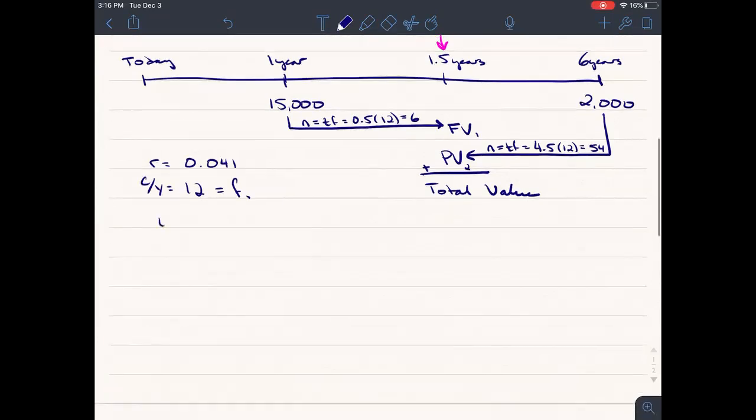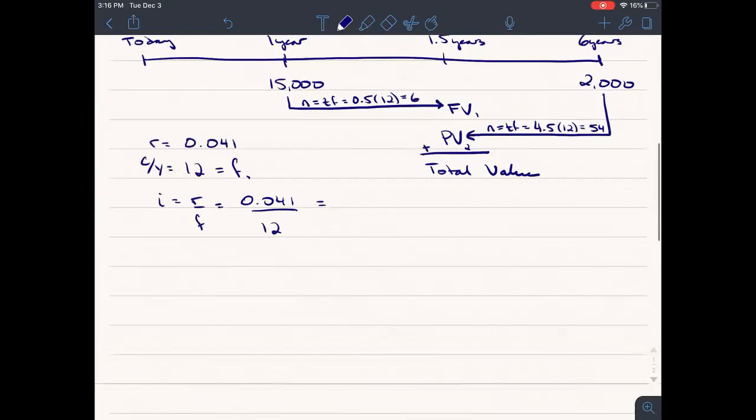So then I is R over F, which is 0.041 divided by 12, which is 0.003416667. I'm going to store this in 1.